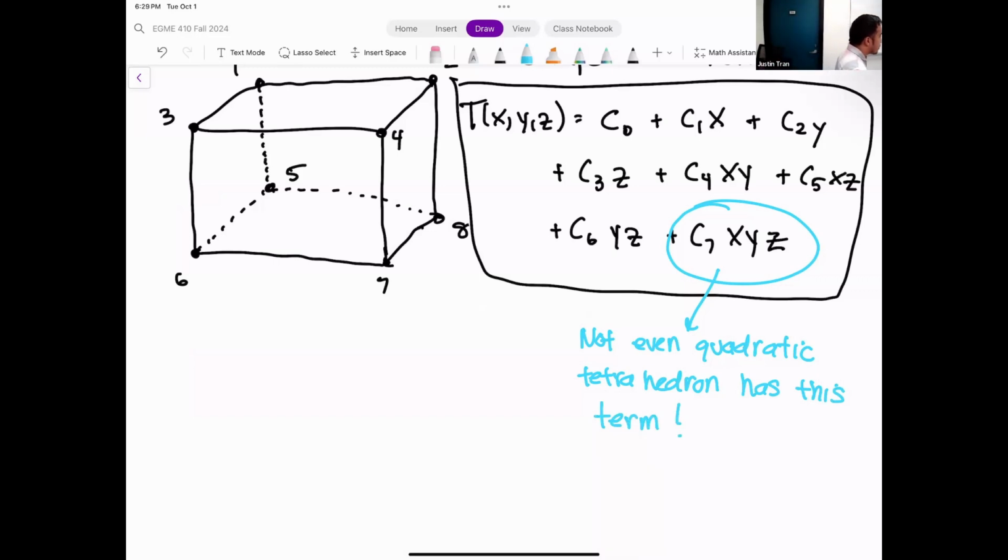Normally, conventional wisdom tells you that quadratic elements are superior to linear elements, but you can see here that this linear element has the capability to solve certain solution characteristics that the quadratic tetrahedron can't even do. So even though it's still a linear element, there's one aspect of this that you can say is superior to the quadratic tetrahedron.